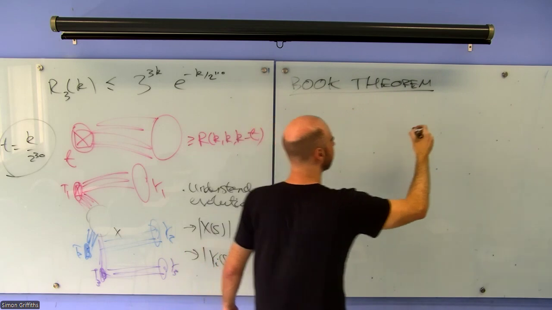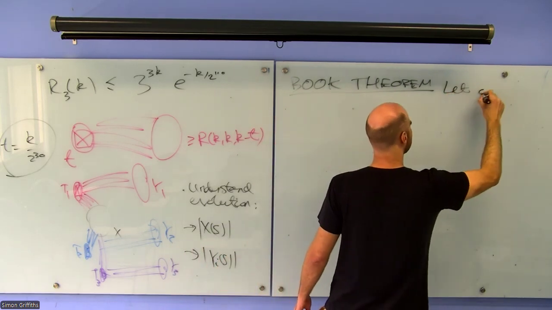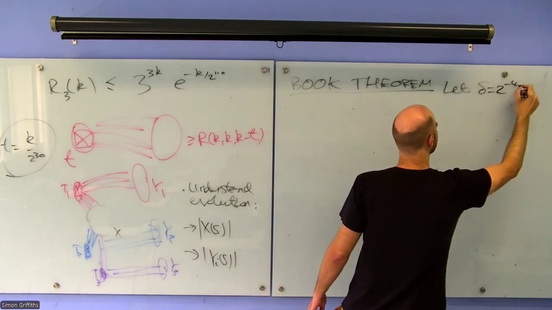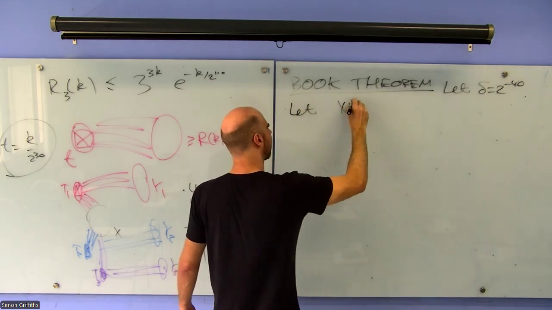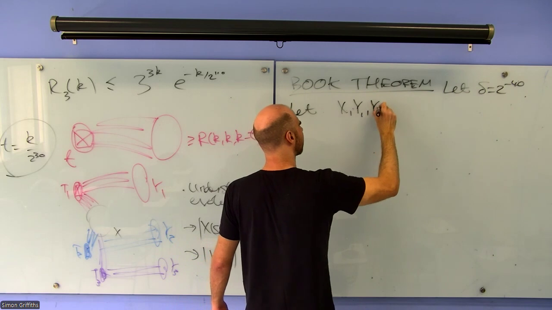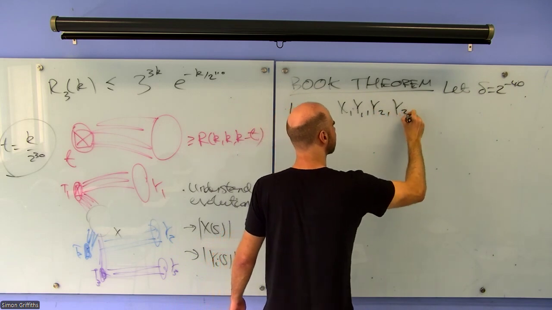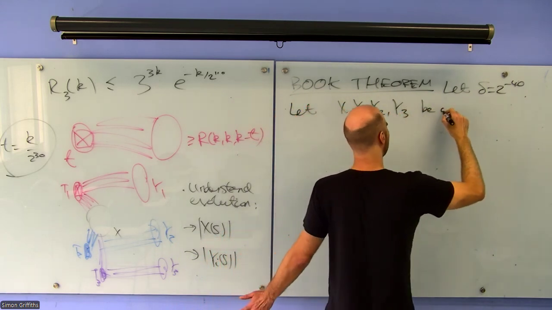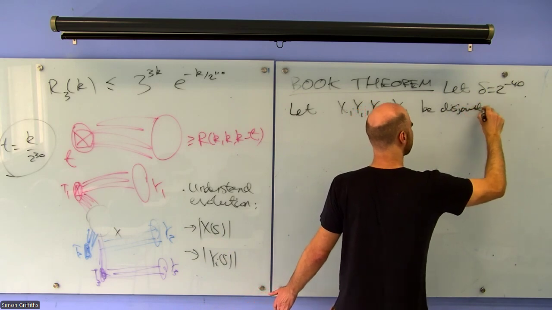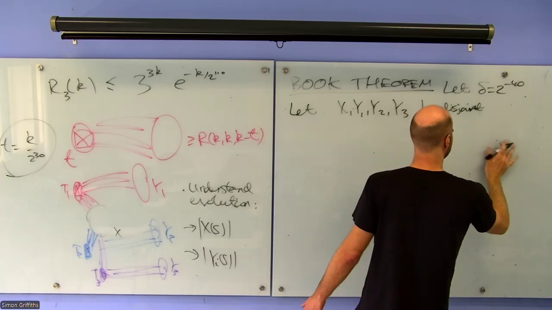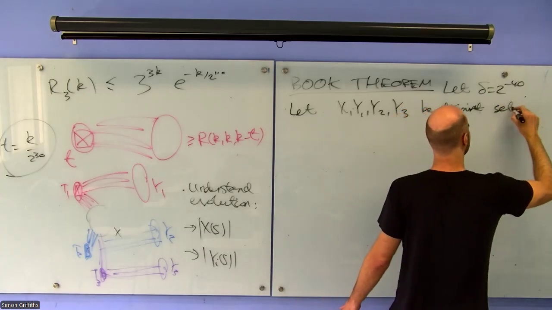So for some reason we fixed delta as 2 to the minus 40. We let x and y1, y2, y3 be 3 sets. We may as well make them disjoint. I think you don't need disjoint for this argument. The paper doesn't have disjoint, it's just kind of easy to think about.